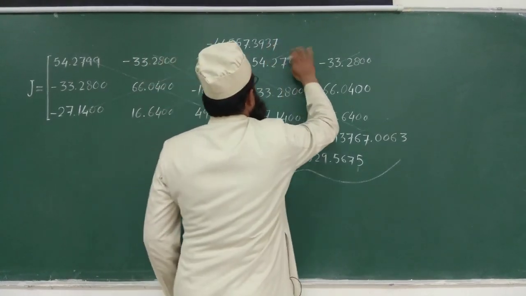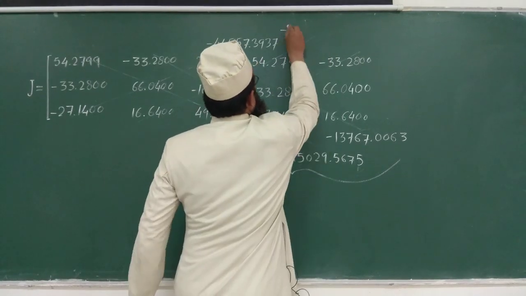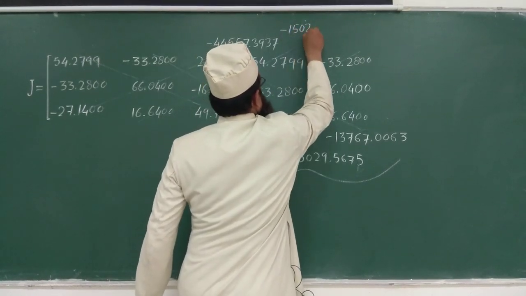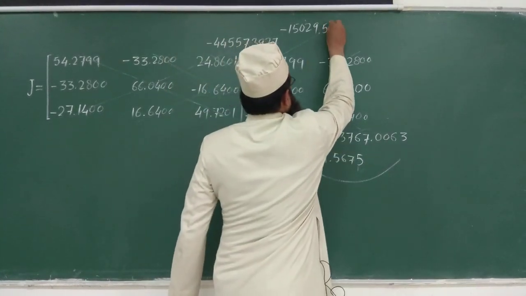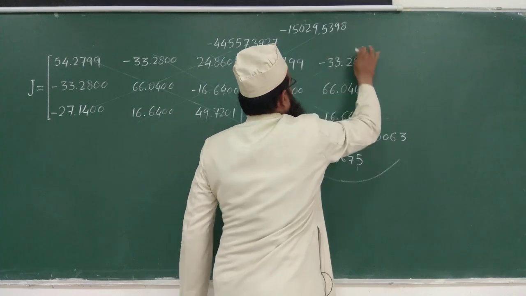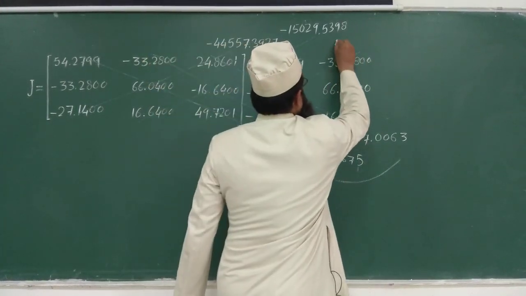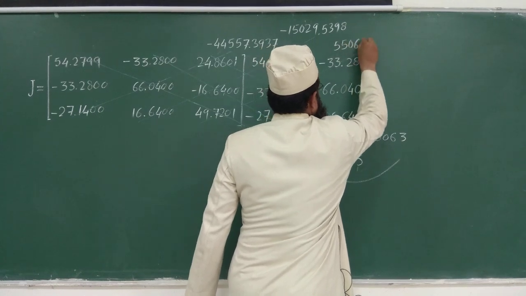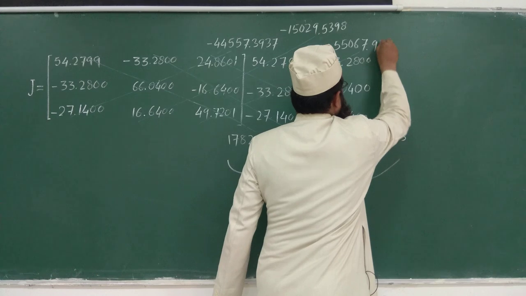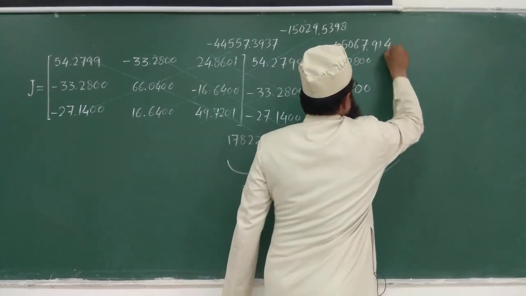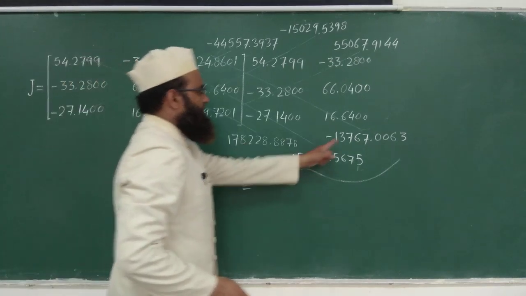Okay, next. Minus 15029.5398. What about this? 5567.9144. So what is the value of this plus this plus this?